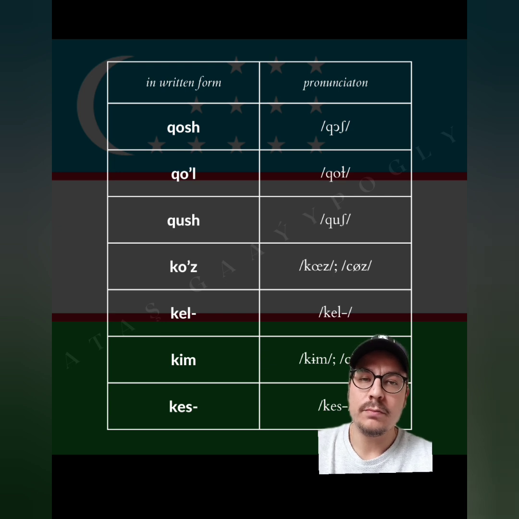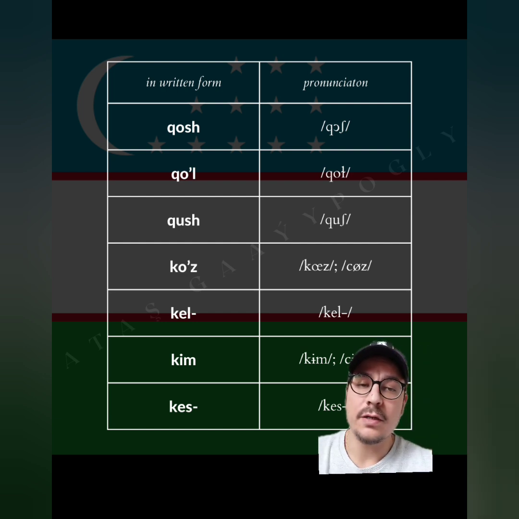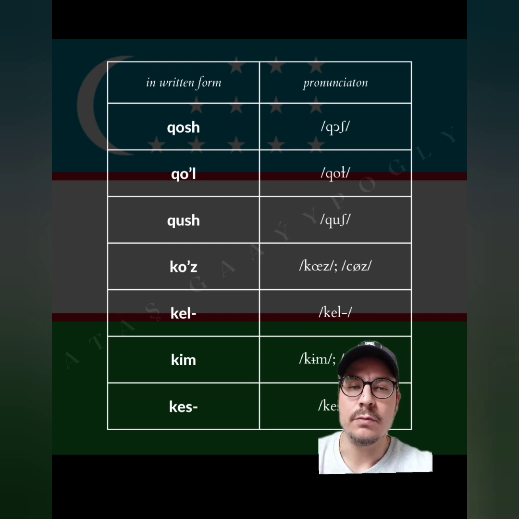Second one, kol, a hand. It's not like Turkish K. Kuş, a bird. Kuz: two different pronunciations, some say kuz, some say köz. Kel, come. Kim, same. Kes.